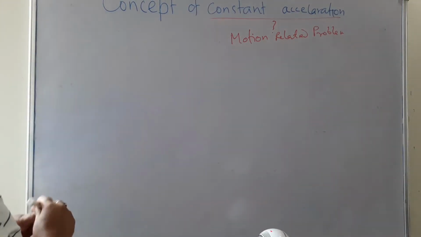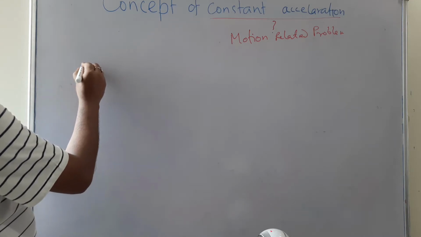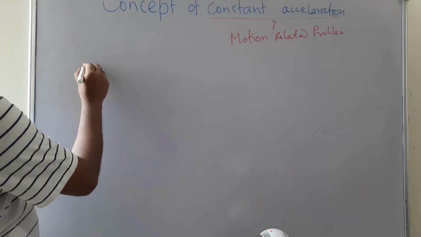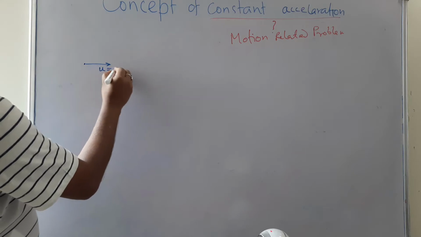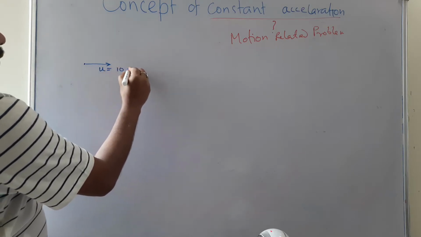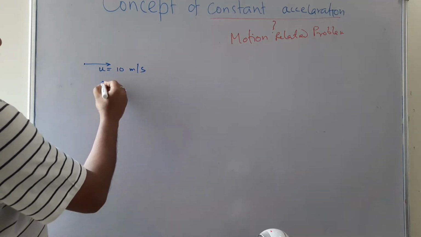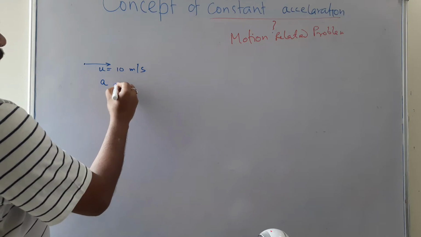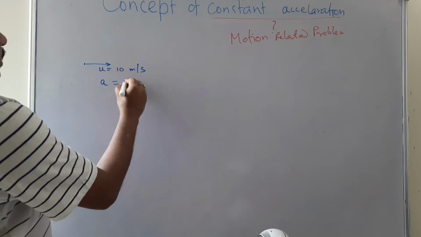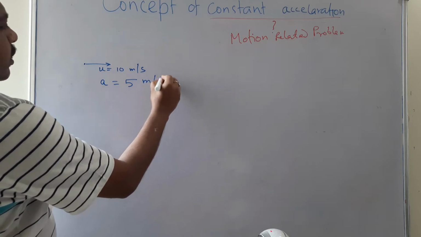Let's take an example. One particle has an initial velocity u equal to 10 meter per second, with an acceleration a equal to, let's say, 5 meter per second square.